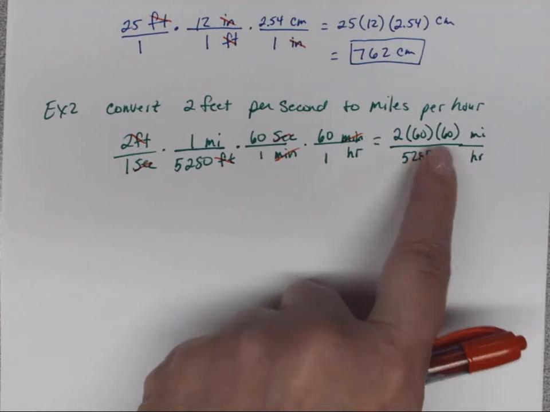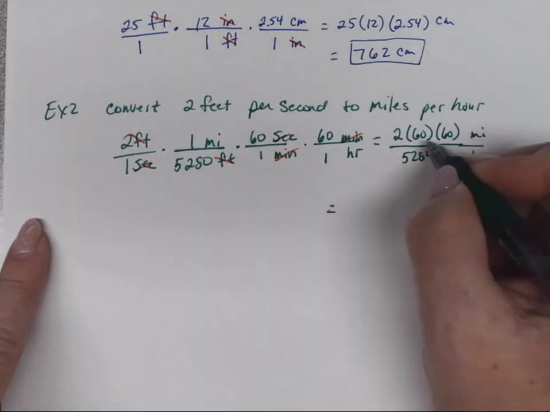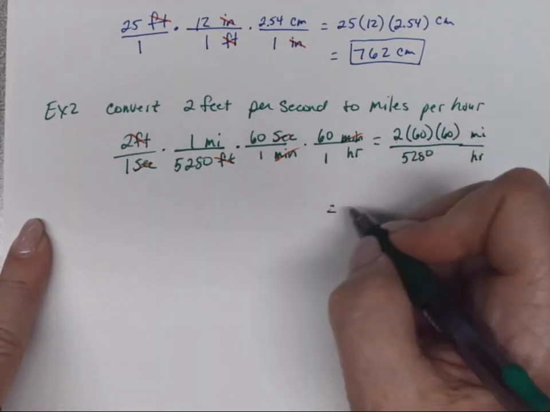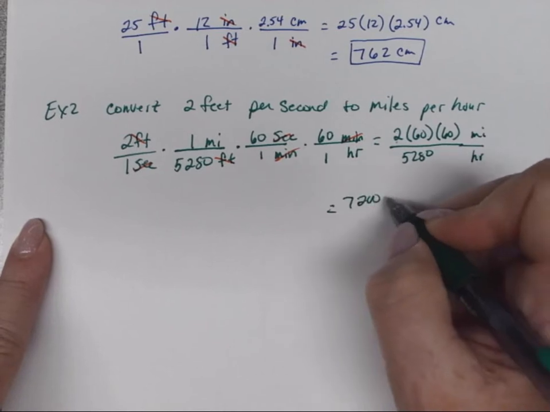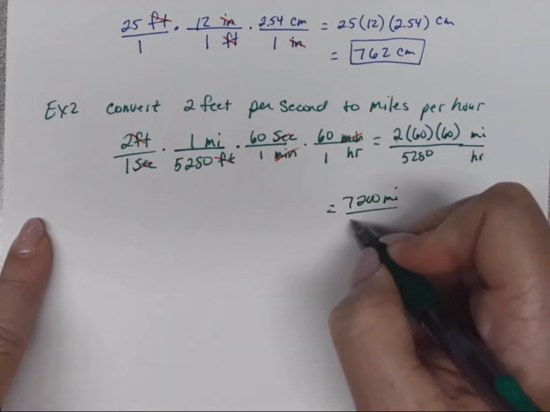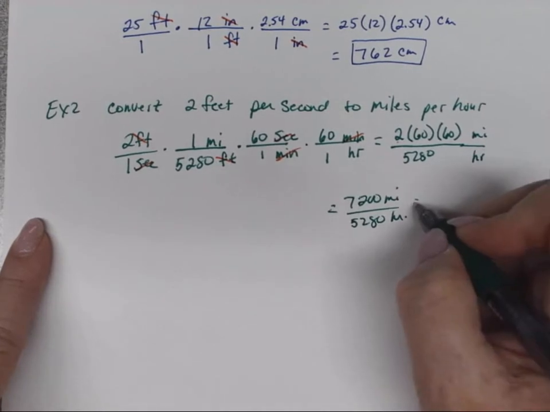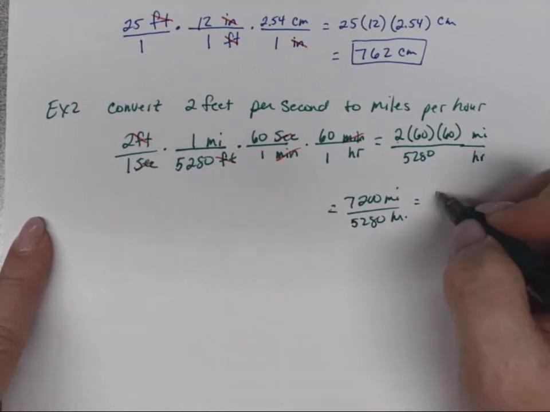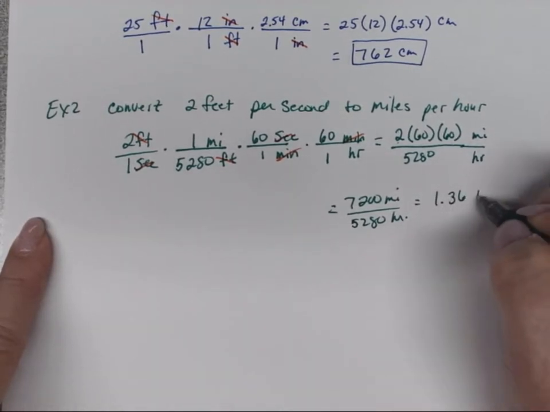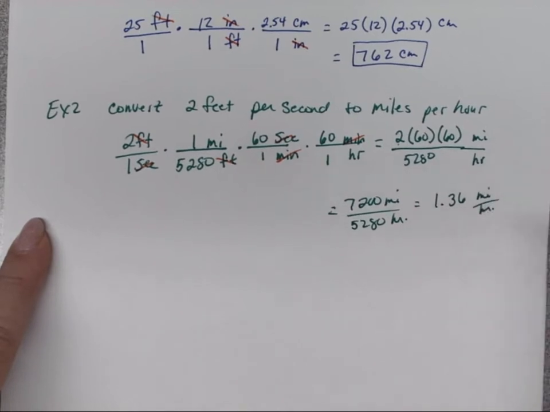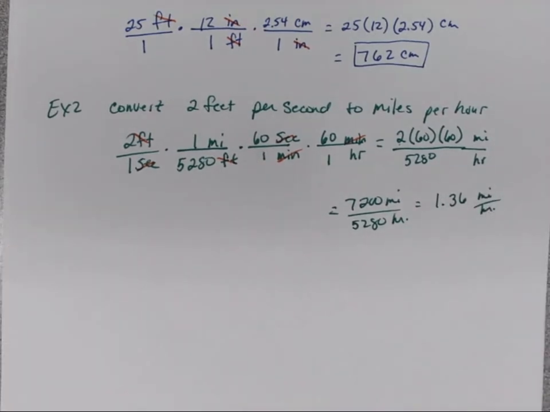I just have to multiply my top. So in the top, 2 times 60 times 60 would be 7,200 miles per 5280 hours. So that'll get me 1.36 miles per hour. So if you have to do 2 increments, just do one set, then do the other.